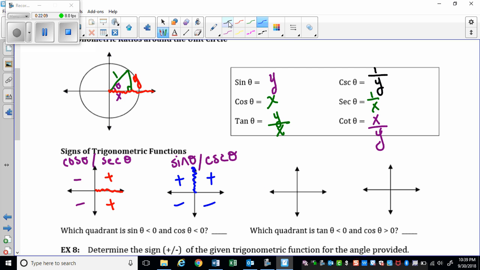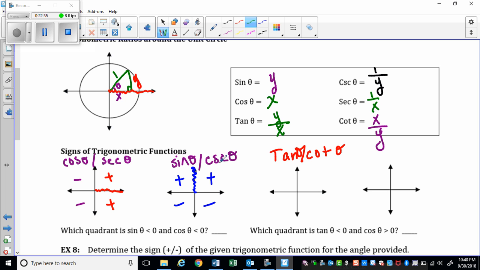Now let's look at tangent and cotangent. Well, tangent is y over x. It's actually going to be sine divided by cosine also.